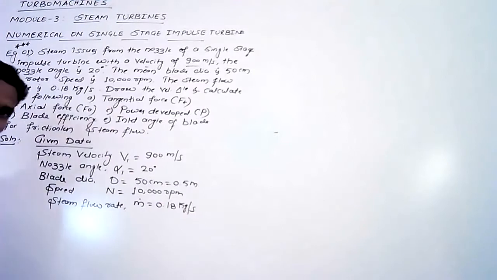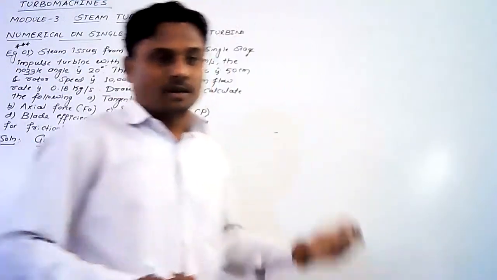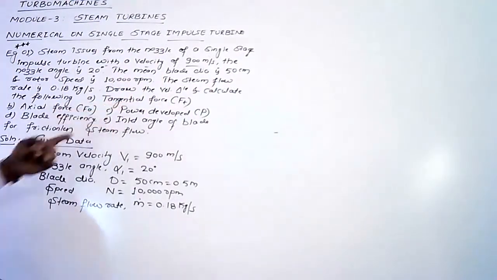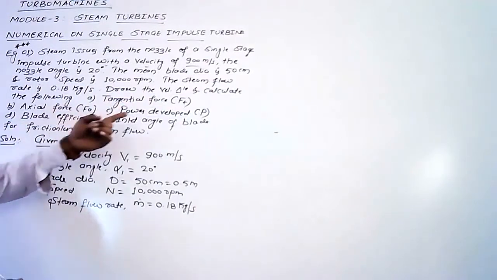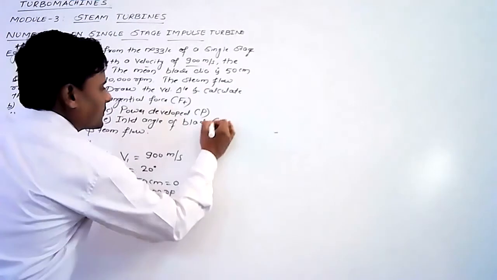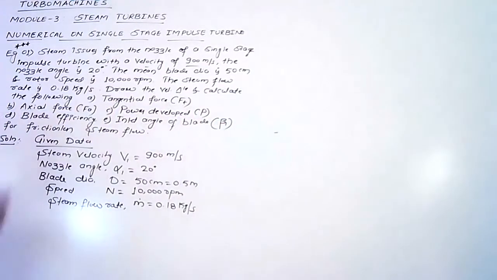Here we need to draw the velocity triangle and calculate the unknowns. After writing all this data, what are the unknowns to be calculated?